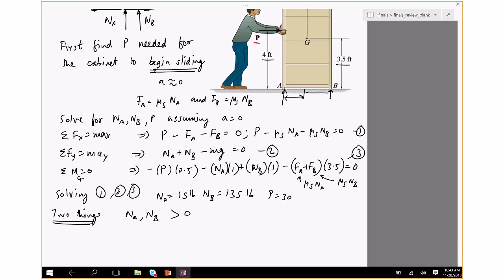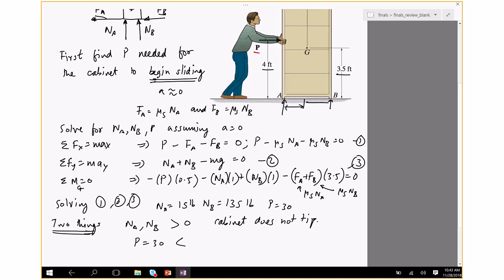If the forces had gone to less than 0, when would that happen? That can only happen if the cabinet is going to tip, because one of the normal forces is going to go to 0. So if both of them are greater than 0, the cabinet does not tip. Also, we notice that P, which is equal to 30, is less than the force applied by the person.